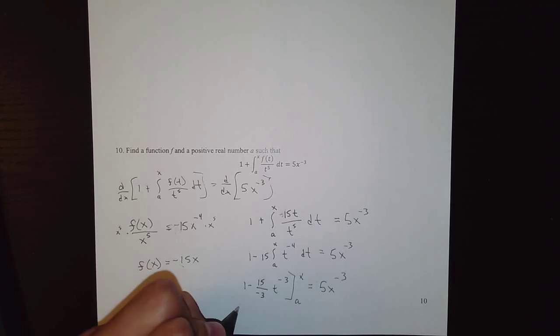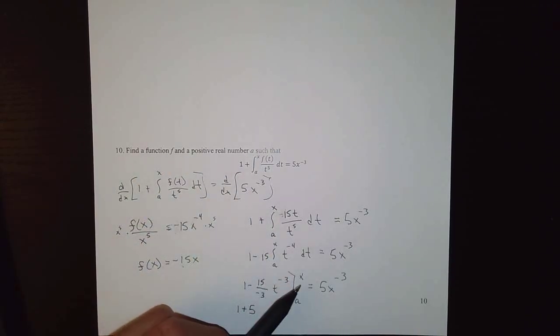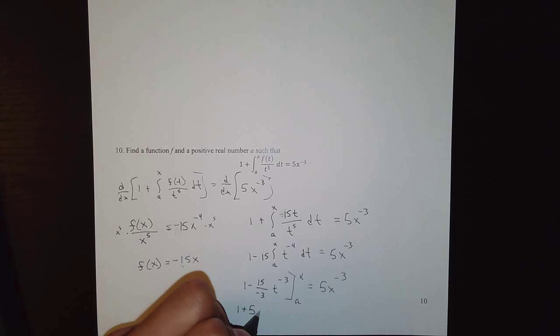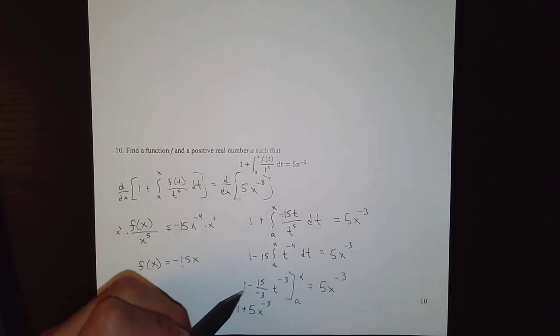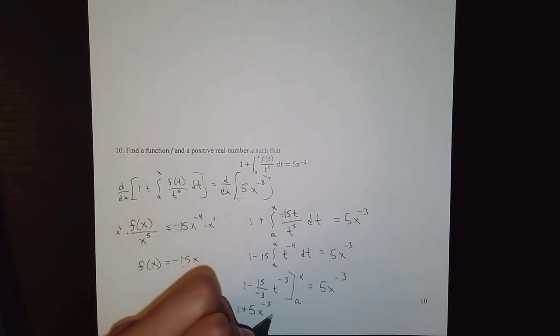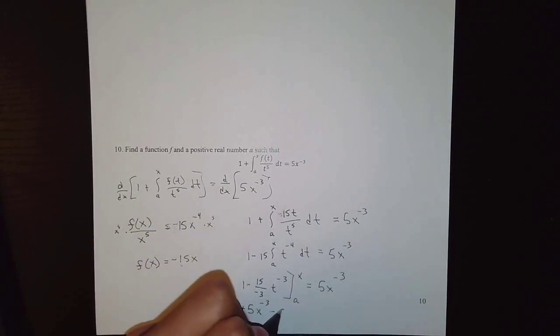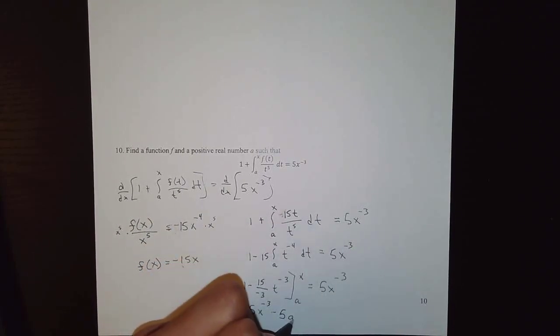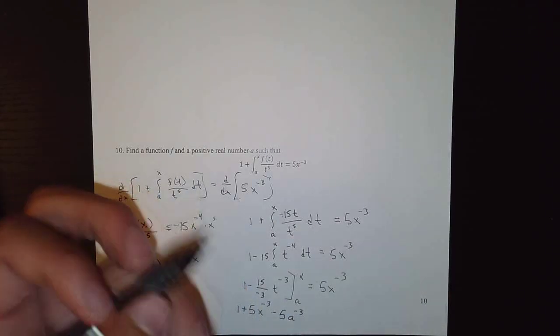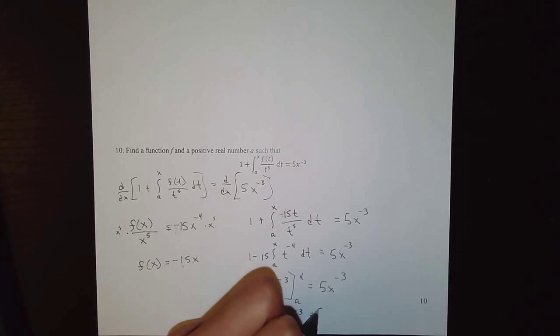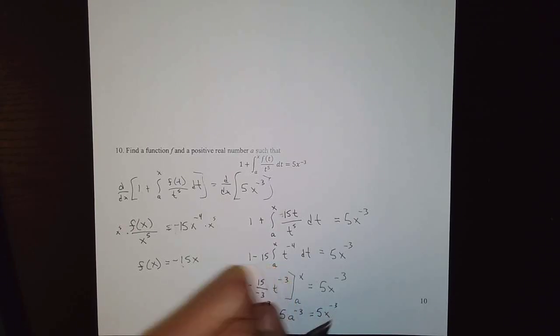Well, now we just have 1 plus 5, and when we plug in our x value, we have x to the negative third power, and then we have to subtract 5a to the negative third power. And this is supposed to still be equal to 5x to the negative third power.